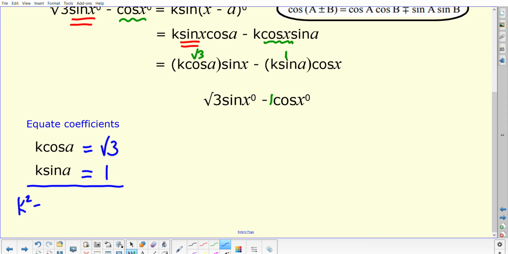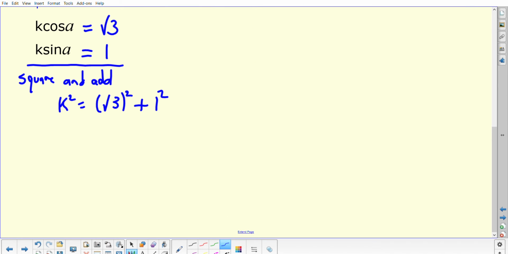So we're doing k squared, we're squaring and adding the two, just write that in. So squaring and adding these two equations, so square and add, that's the routine that you should do each time. So k squared will be equal to the square root of 3 squared plus 1 squared. Square root of 3 squared is of course 3, so you're dealing with 3 plus 1 there.